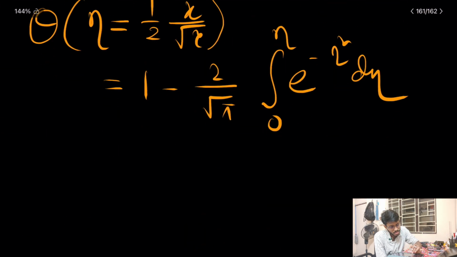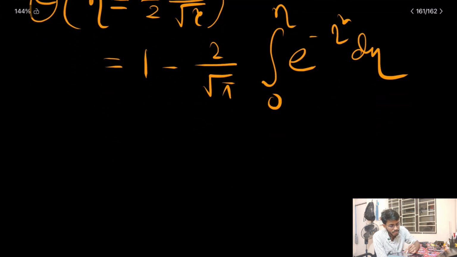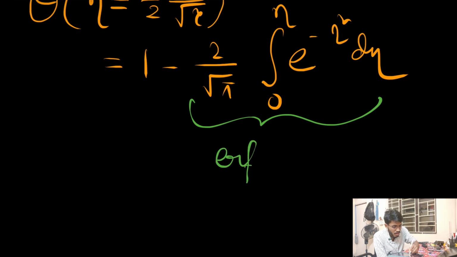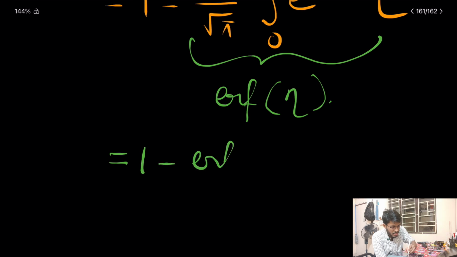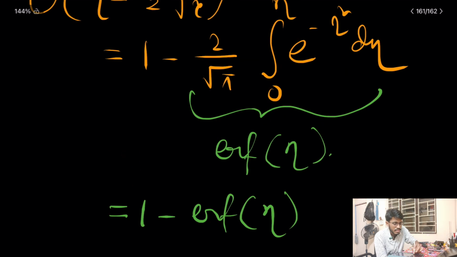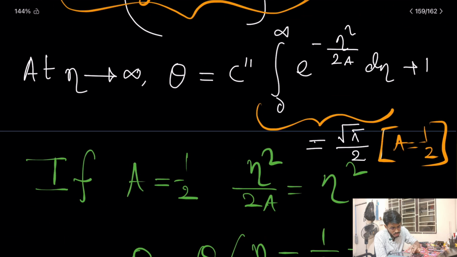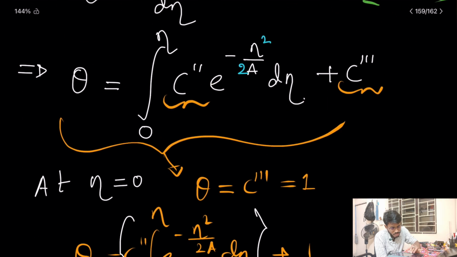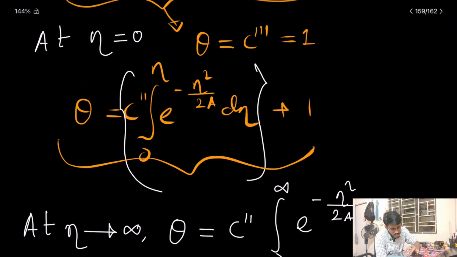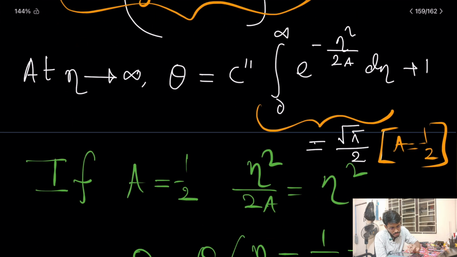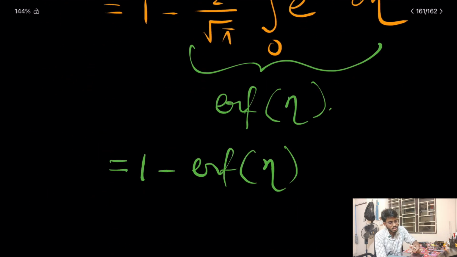So this is called the error function of eta. And then I am having 1 minus error function of eta. Let me see it once more. I think I have not made any mistake here. Eta is equal to this, right? It is fine.